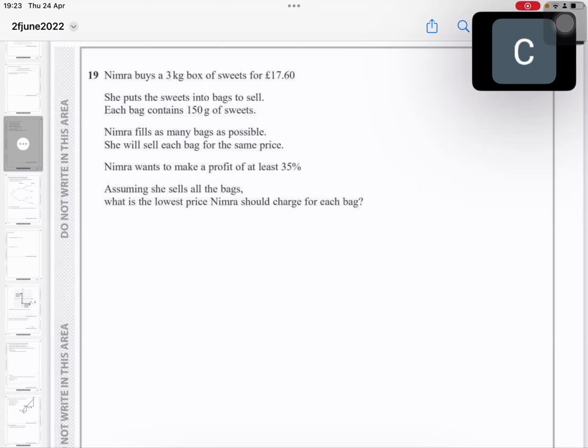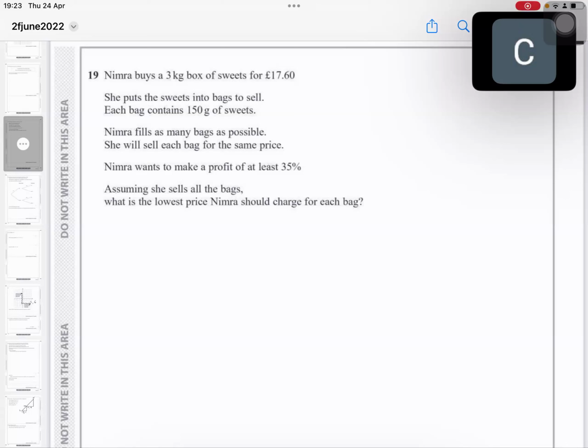What would you have? 0.88, right? Okay, that's still in pounds. That 0.88 is the cost price.